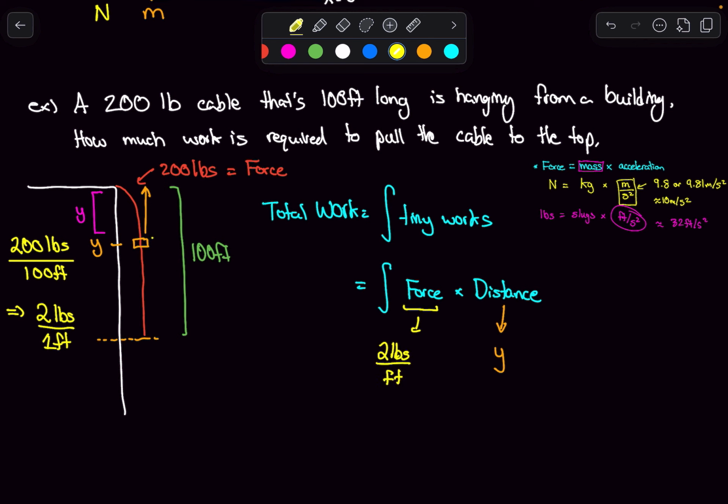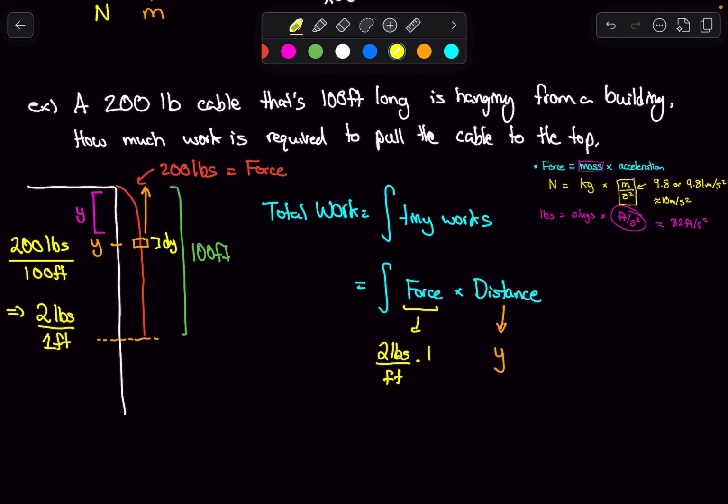But this is not 1 foot of cable. For instance, if this was 3 feet of cable, we would multiply this by 3 feet to get 6 pounds of force being exerted. But if this is only a tiny, tiny chunk of the cable, then it's not 3 feet, it's not 10 feet, it's not 4 feet, it's dy feet of cable.